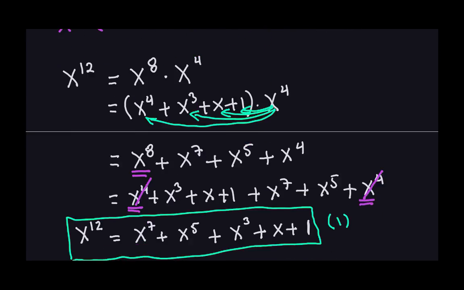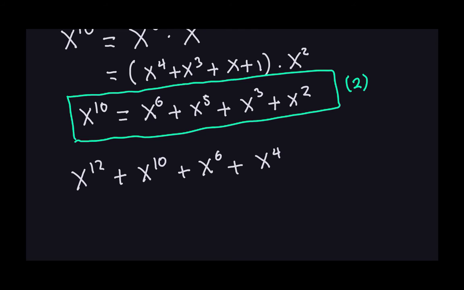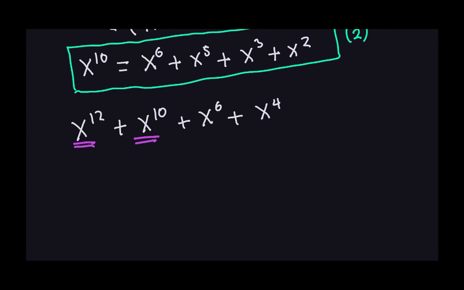Let me write it down again: x to the 12 plus x to the 10 plus x to the 6 plus x to the 4. And I'm going to replace the x to the 12 and the x to the 10 by the values from equations 1 and 2. So here I'm going to use equation 1, replace it, and I'm going to use equation 2 for this one right here.